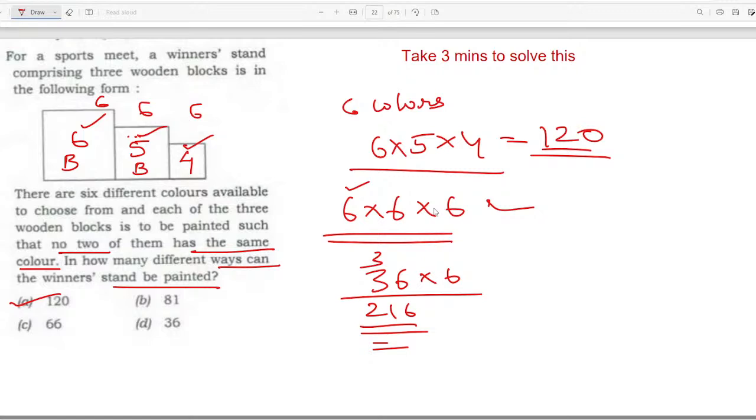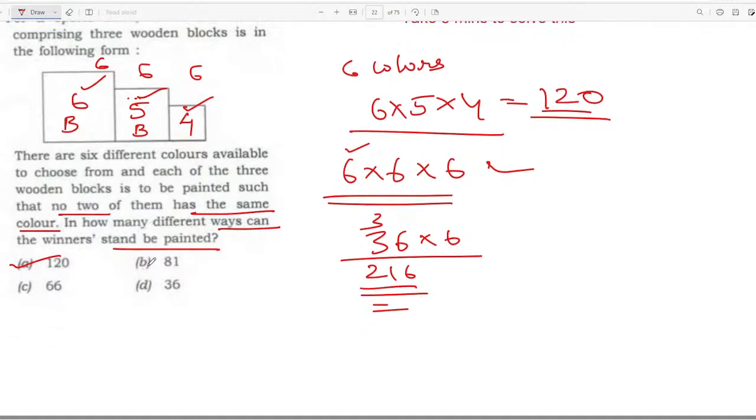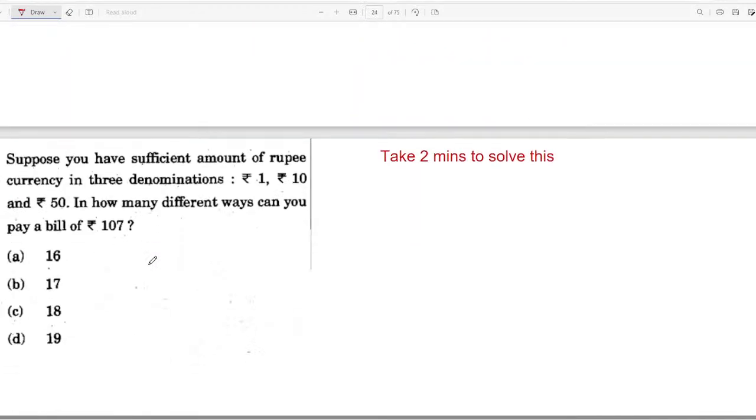I'll give you another 10 to 15 seconds to ask a doubt. If it's clear, we'll move to the next question. Yes, this is a permutation problem. Okay, then we'll move to the next question.